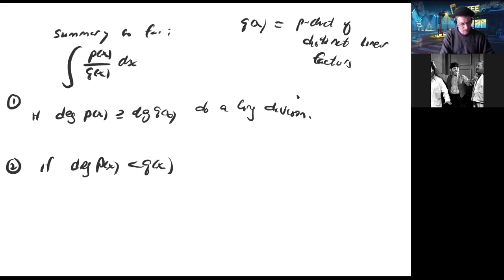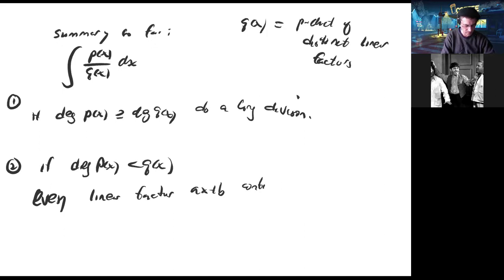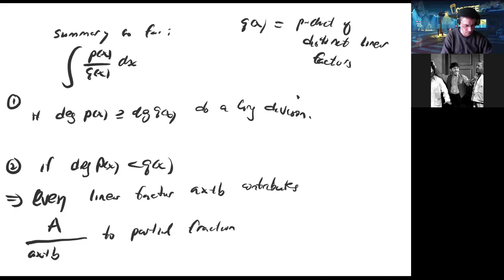So then what you do there is, for every linear factor, let's say ax plus b, contributes some number, uppercase A, over ax plus b to the partial fraction decomposition, or partial fraction expansion.